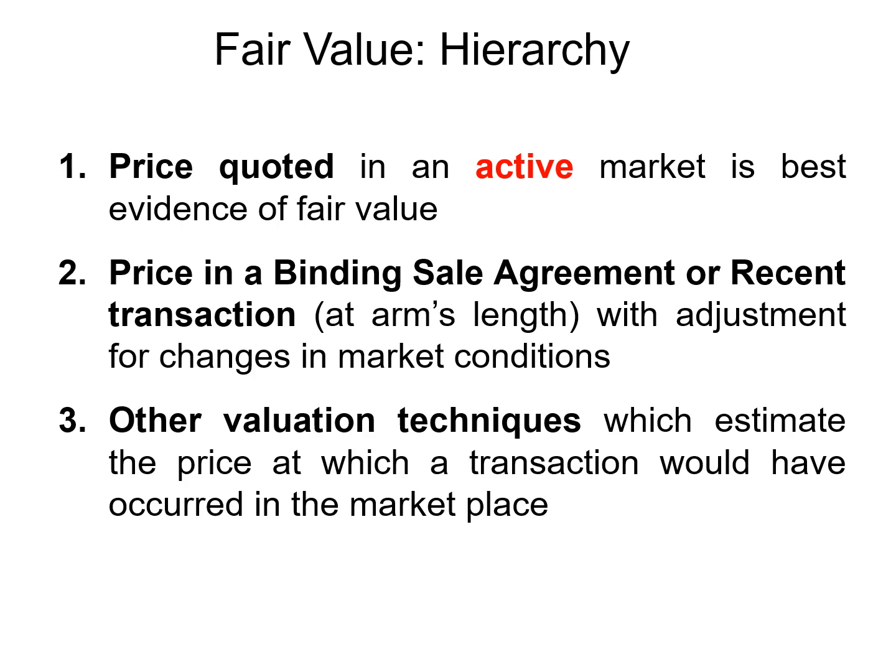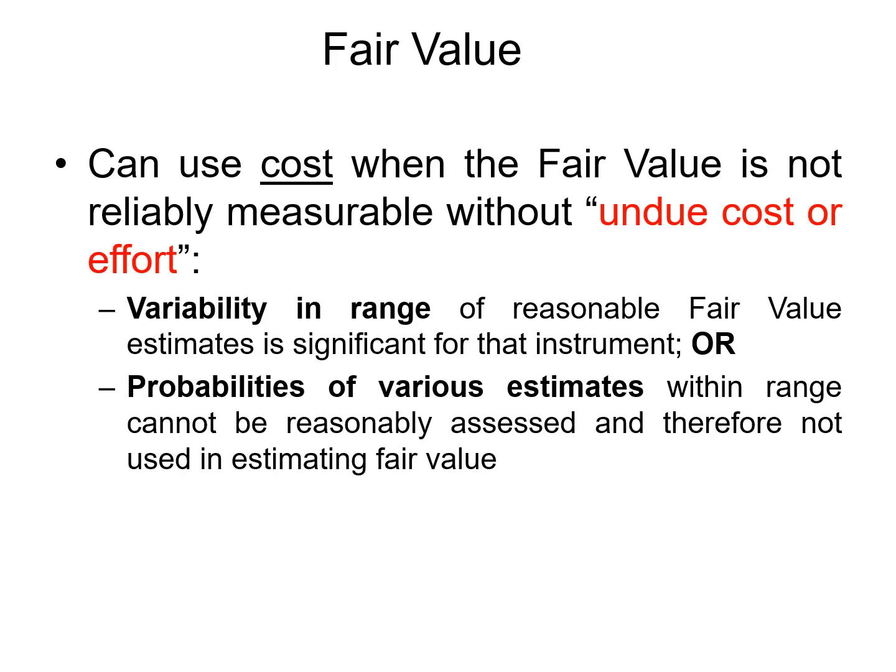If none of these three are available or will work, then the standard says you can use cost when fair value is not reliably measurable without undue cost or effort.